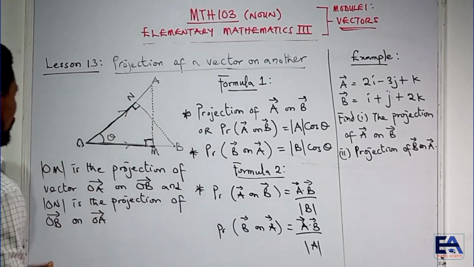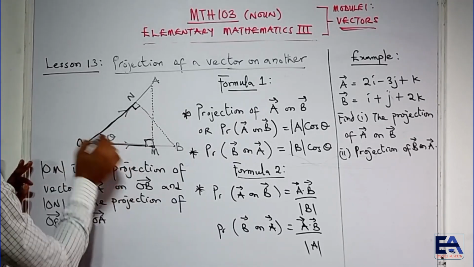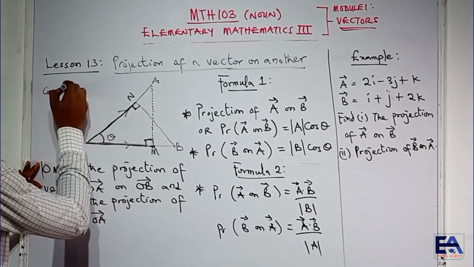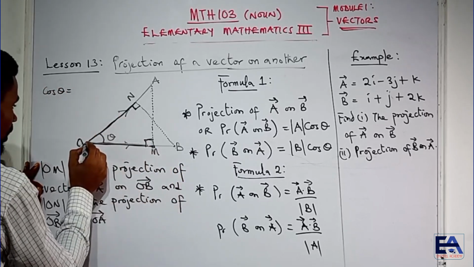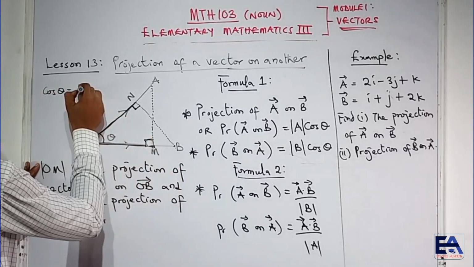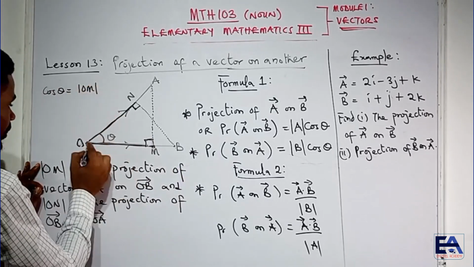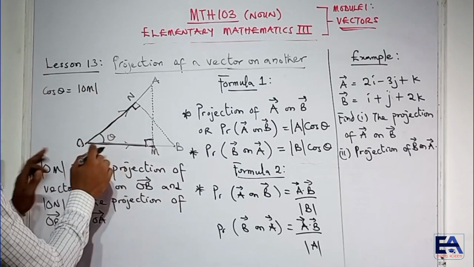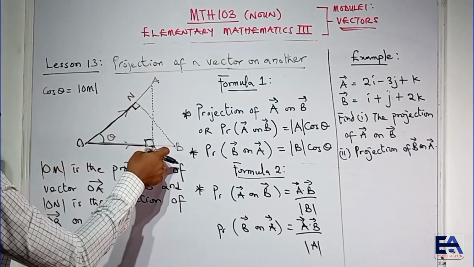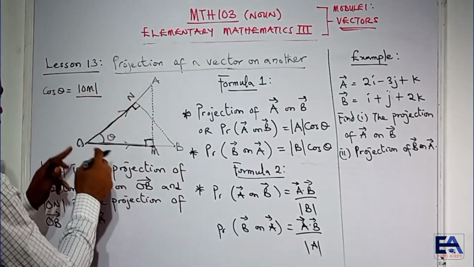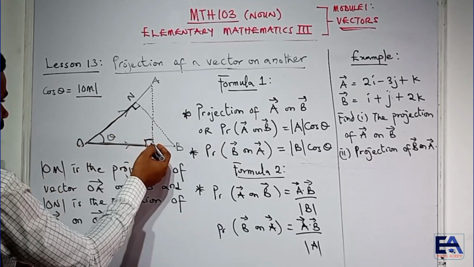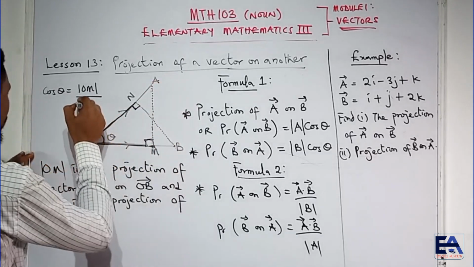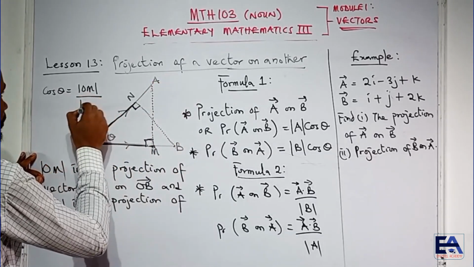Okay, so now if you check it out, cos theta, which is adjacent over hypotenuse, will give us this length between O to M, the length OM, from here to here, which is the projection of A on B. The hypotenuse is the whole of OA, the length of OA.